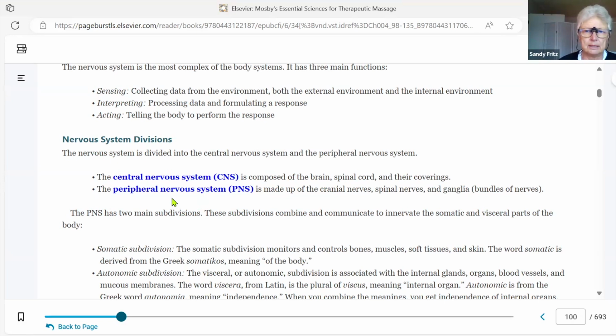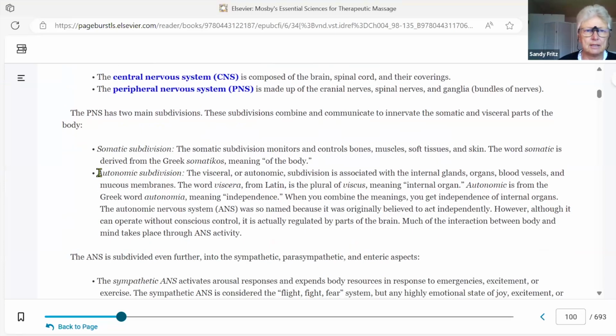And that is the cranial nerves, spinal nerves, ganglia, bunches of nerves together. And then the peripheral nervous system is divided into the somatic, meaning body. That's what we touch. So our stimulus is part of the somatic. It's a somatic stimulus.